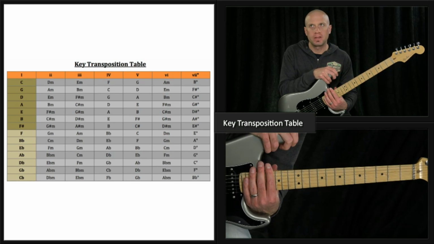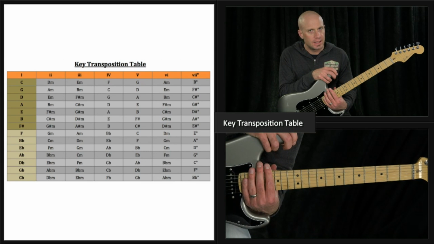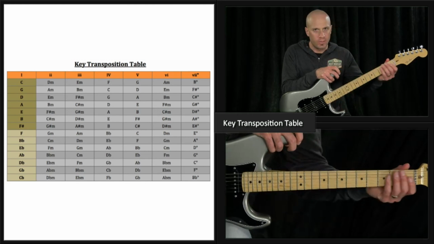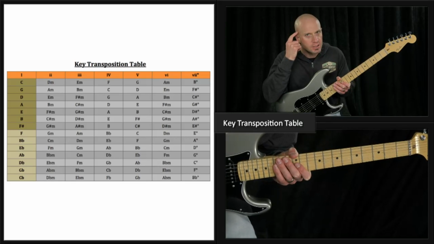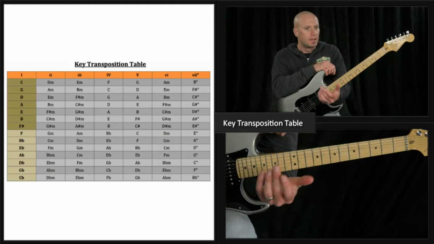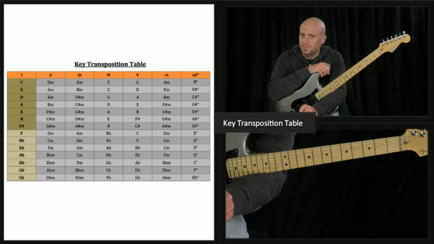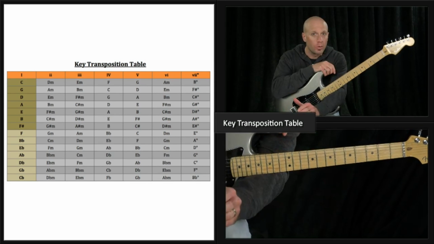So if we want to play in any Lydian key, we simply need to find where the 4 is, and then we can find the parent key, and we'll have access to all the scales. But we need to keep that raised 4 tonality in our mind. That's what makes it different. And Mixolydian is a major scale with a flatted 7. So all you're doing is taking the 7th degree and lowering it a half step.